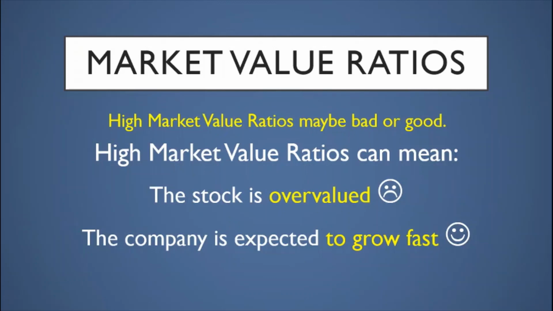As always, context is important. In evaluating the market value ratios, we must first understand the situation that the company is in before any conclusions can be drawn on the ratios.